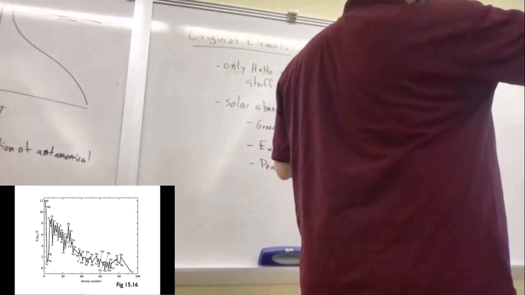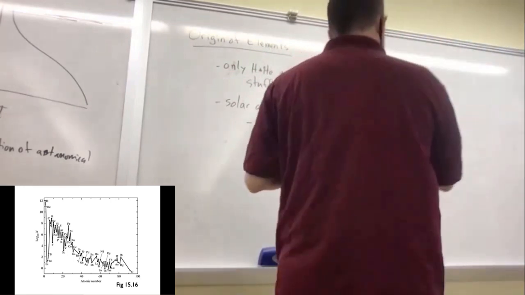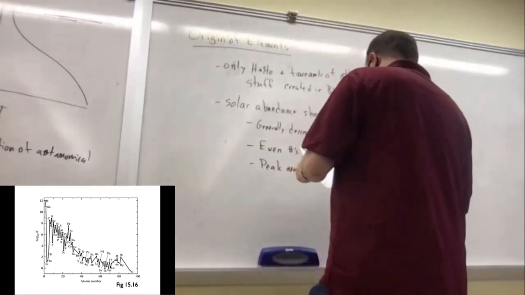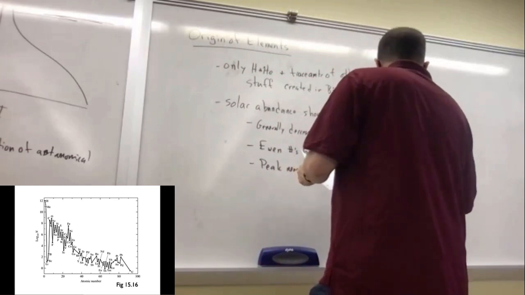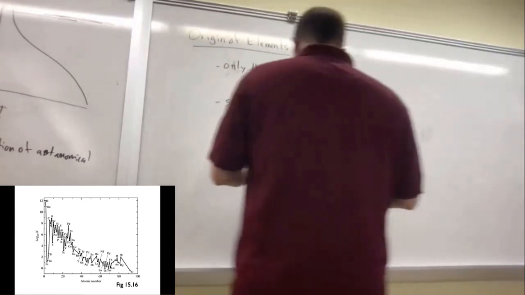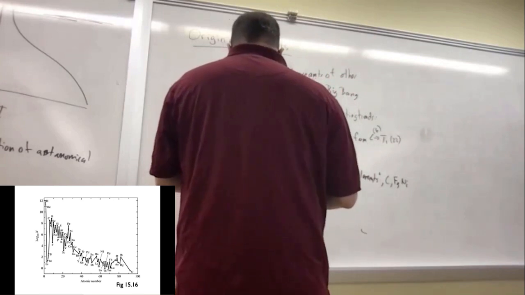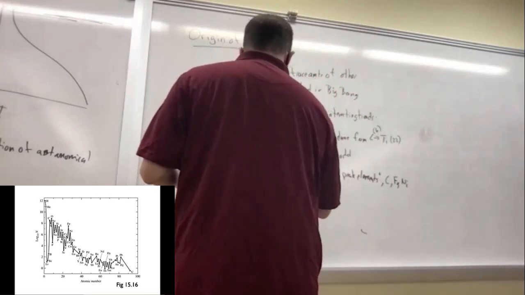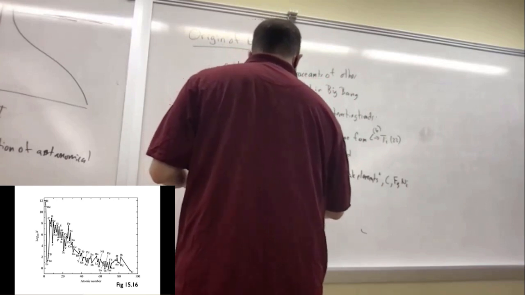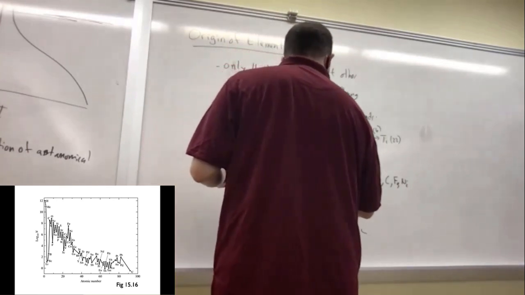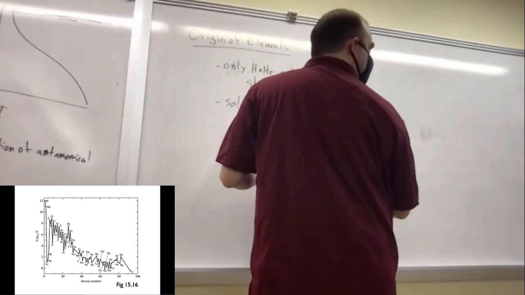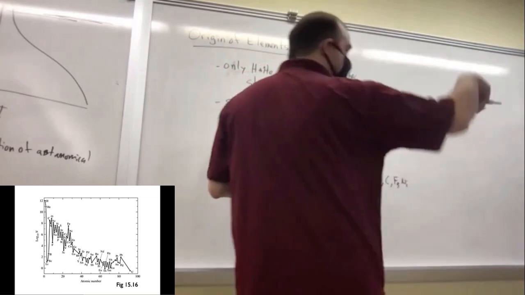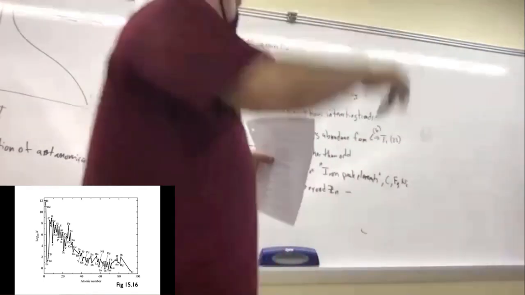We're talking about chromium, nickel, cobalt, zinc and those things, in addition to iron, etc. And decreasing beyond that again. But also kind of a general trend that the evens are on top.